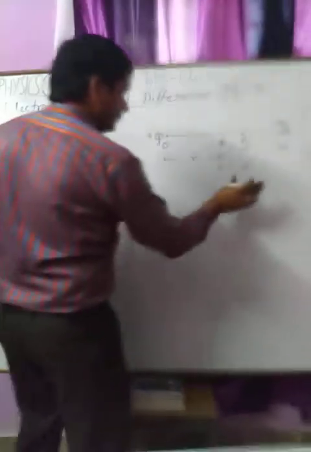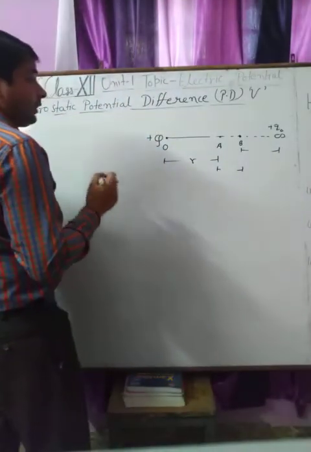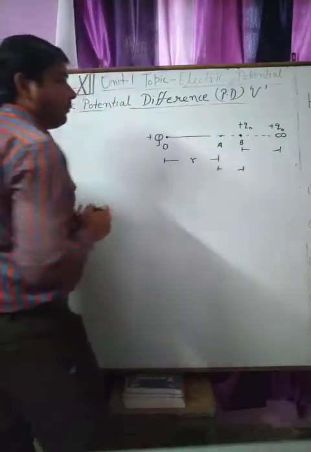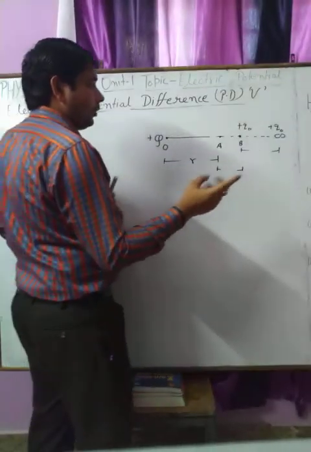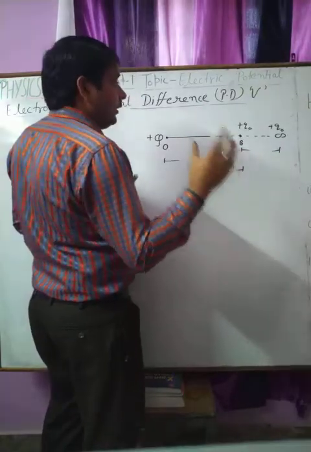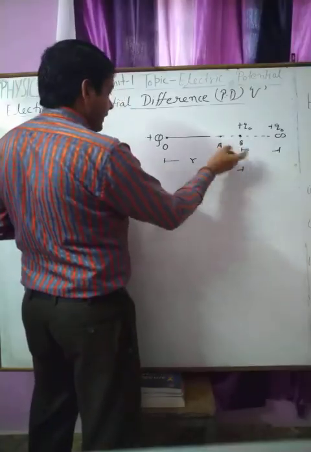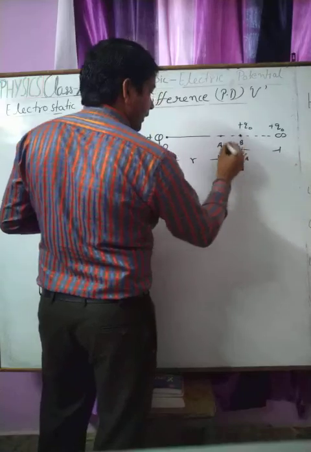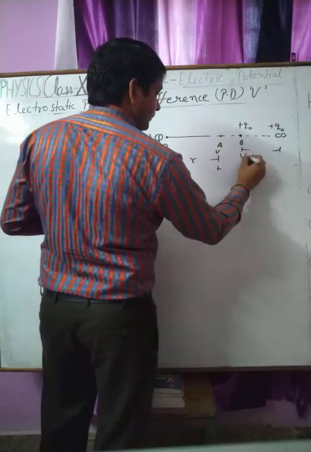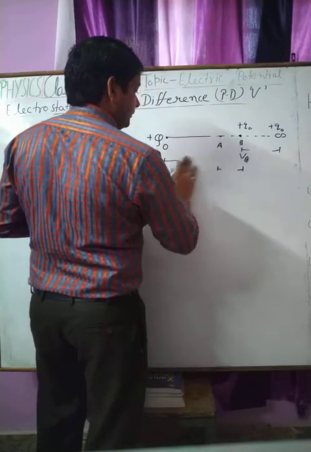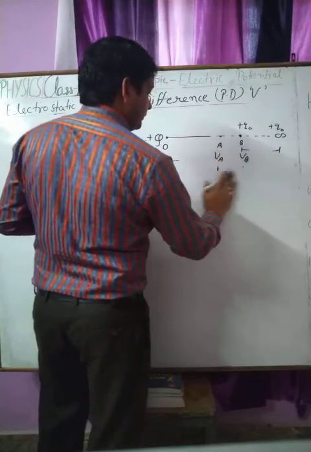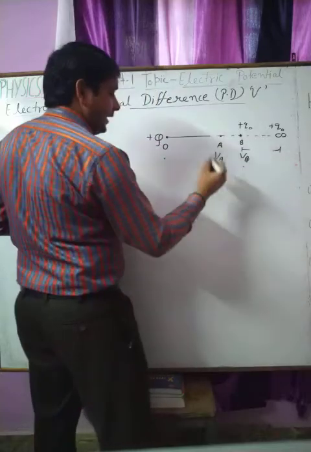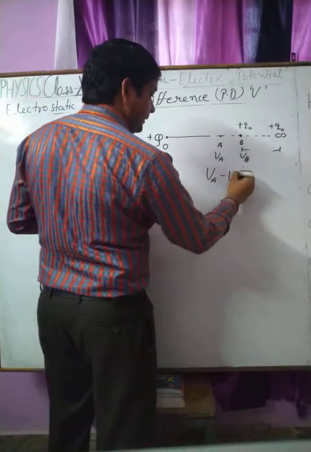Now, when the positive charge is carried from point B to A and a force we applied or we have done work from B to A against this positive charge, then the potential at point A is VA and the potential at point B is VB. This gives the value of the potential difference VA minus VB.